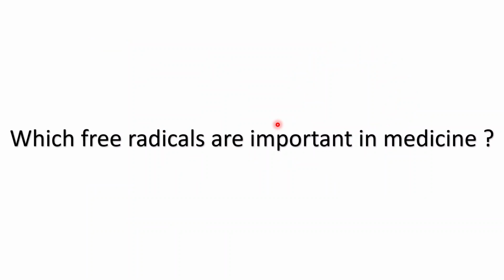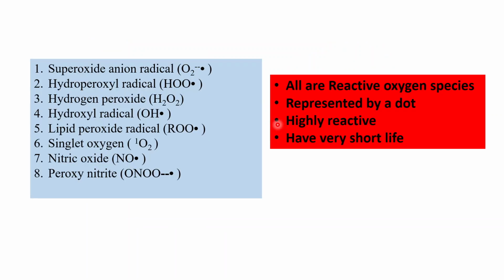So which free radicals are important in medicine? We have a whole list. Mainly they are all classified together as reactive oxygen species. They can be superoxide anion radical, hydroxy peroxy radical, hydrogen peroxide, hydroxyl radical, lipid peroxide radical, singlet oxygen, nitric oxide, or peroxynitrite.